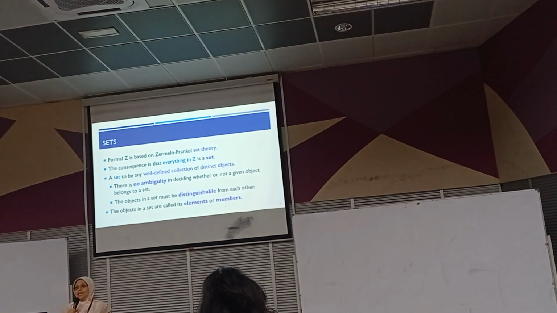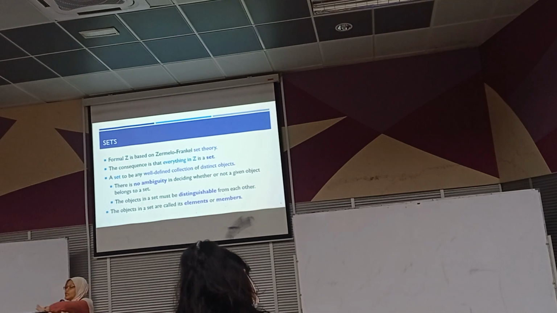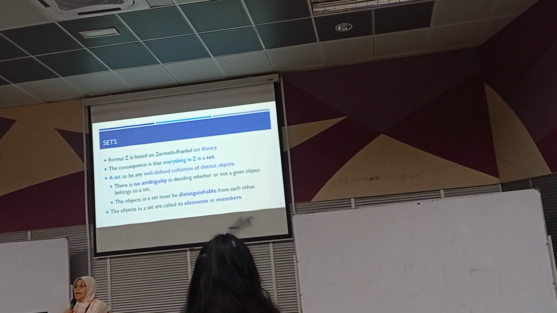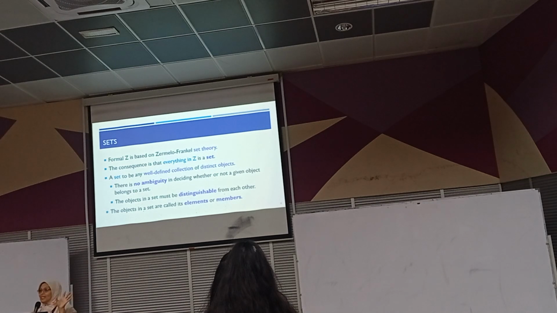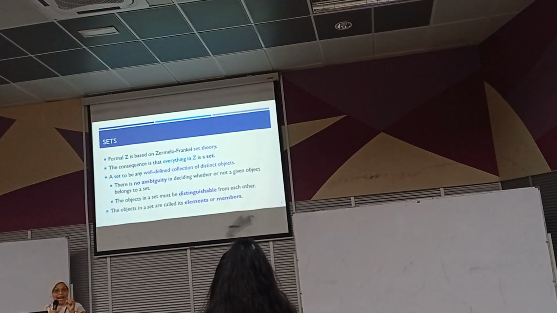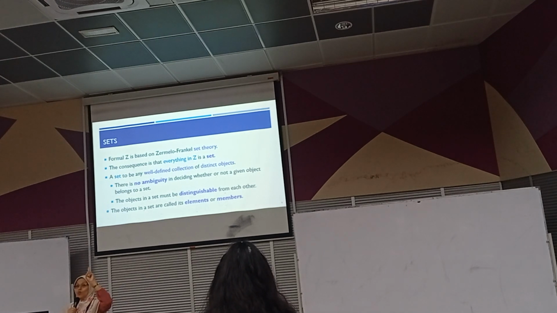So let's say you want to record student names in our campus. For all the students in our campus, there may be a few students with the same name. So in your database, according to set, you have to put only one name.